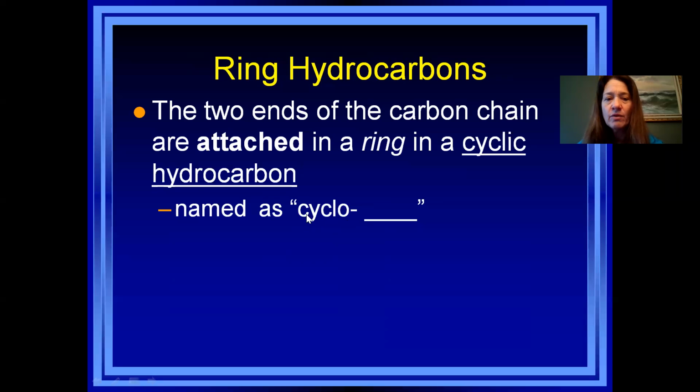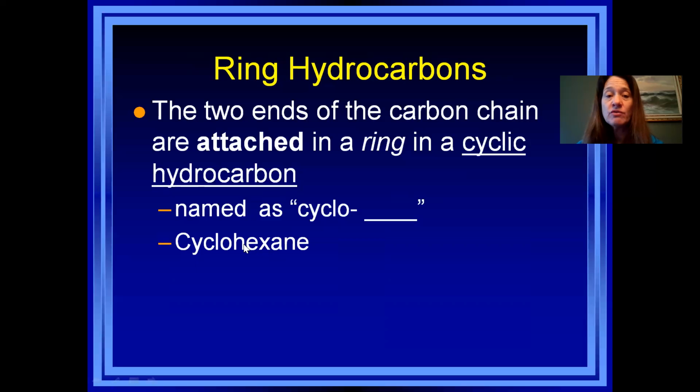They start out with cyclo. Okay, so let's look at this. Let's look at cyclohexane. So a lot of clues in this. Cyclo prefix is telling us that these carbons are going to be arranged in a ring. Hex tells us how many carbons. How many carbons for hex? Why don't you think about it?